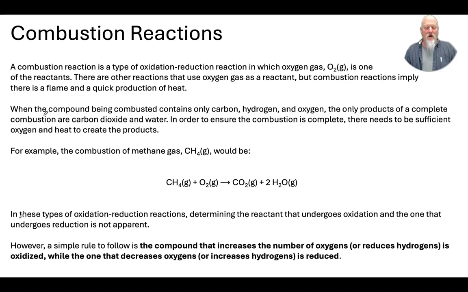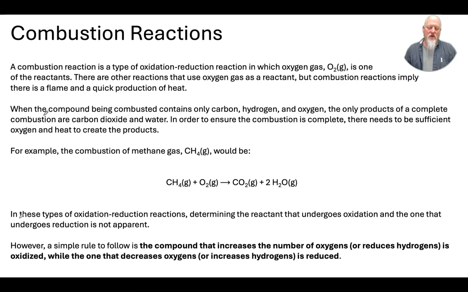Okay, so if we're talking about organic compounds that contain only carbon and hydrogen, or carbon, hydrogen, and oxygen, when those combust, they produce only carbon dioxide and water, if it's a complete combustion. And to get a complete combustion, we need to ensure that there's enough oxygen around for whatever is being combusted to burn cleanly, and there needs to be enough heat.